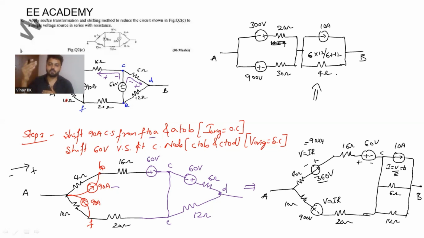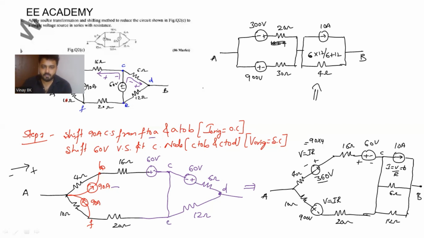So now two voltage sources are in parallel, so it's very difficult to do a voltage addition. So what can you do? You can convert that voltage source into current source. Then you can do a source transformation again.